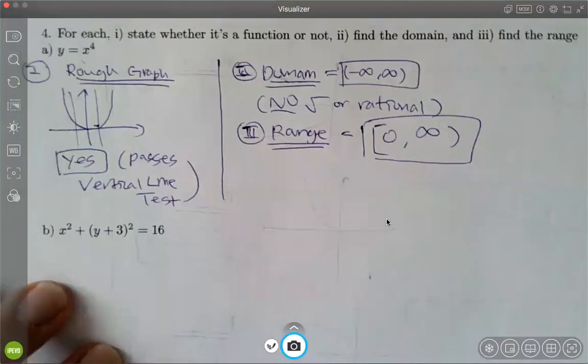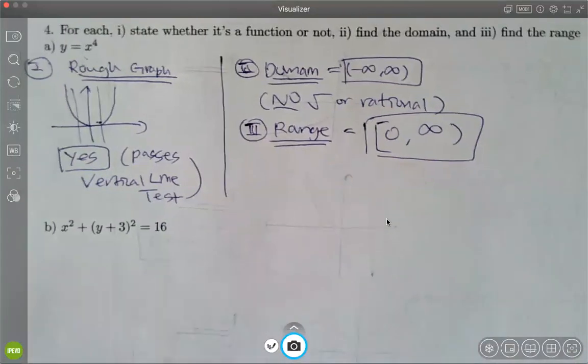Okay, so now part B. x squared plus (y plus 3) squared is equal to 16. Is this a function? Okay, no. Why not? What's the reason?